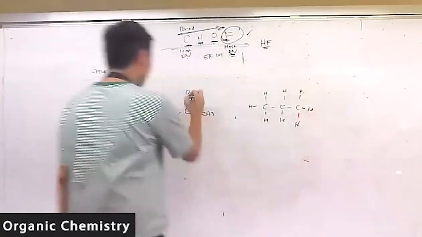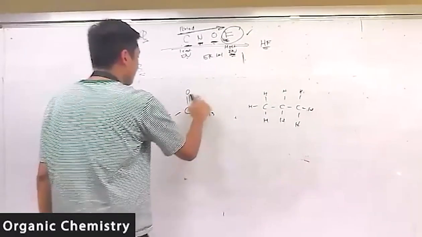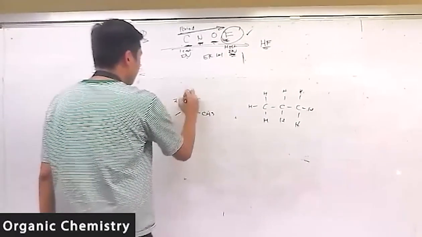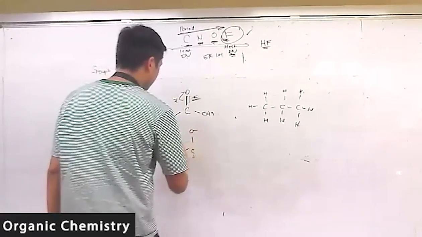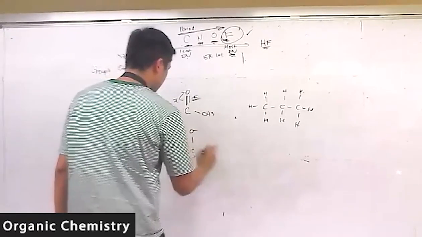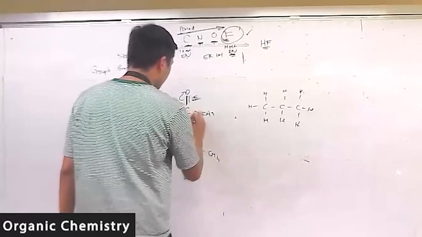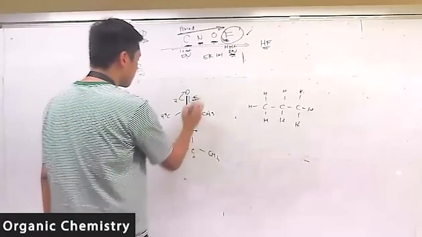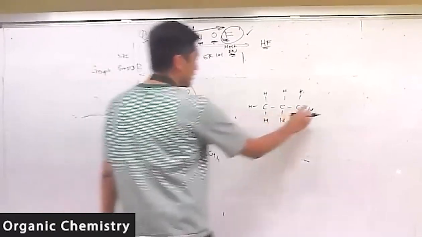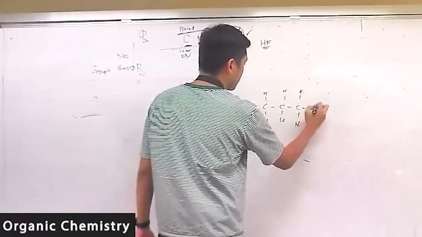So here you have a sigma bond and you have one pi bond. This pi bond can delocalize, so it could go up, and it forms your two resonance structures. So this negative charge is shared between two atoms. Here, propane.